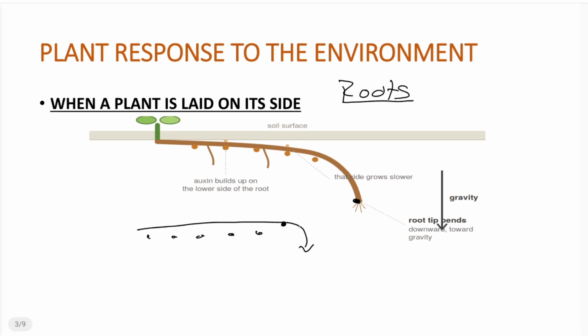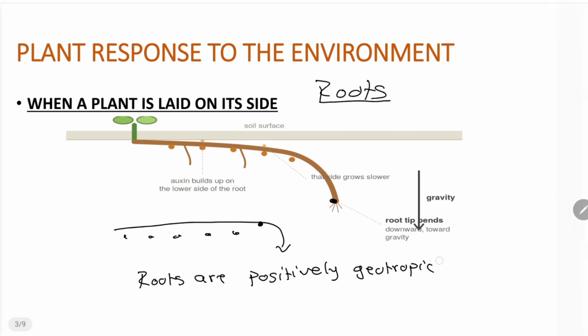Because this root is going to bend downwards towards the force of gravity, which pulls things downwards, we're going to say that roots are positively geotropic. They show positive geotropism.